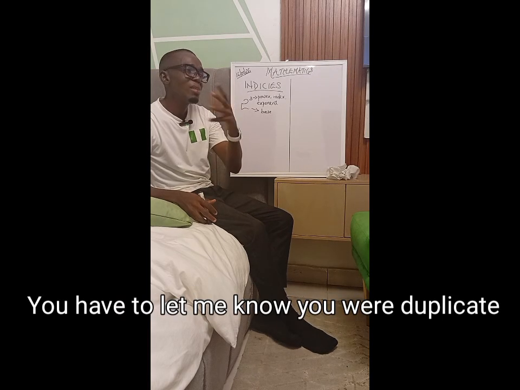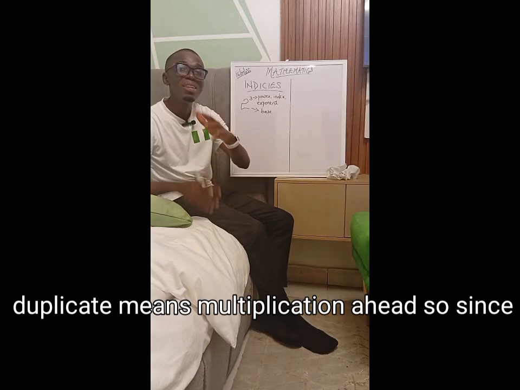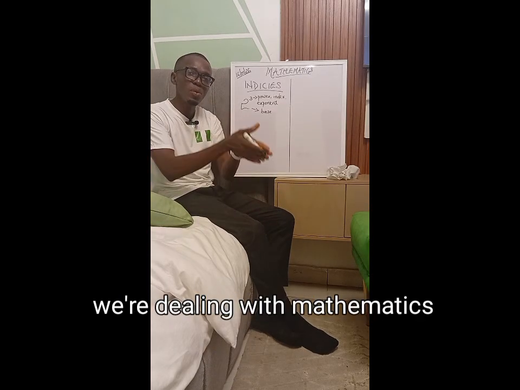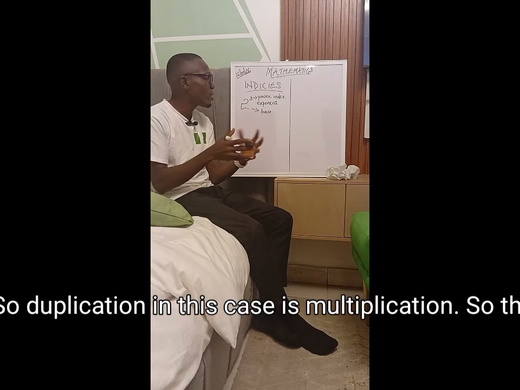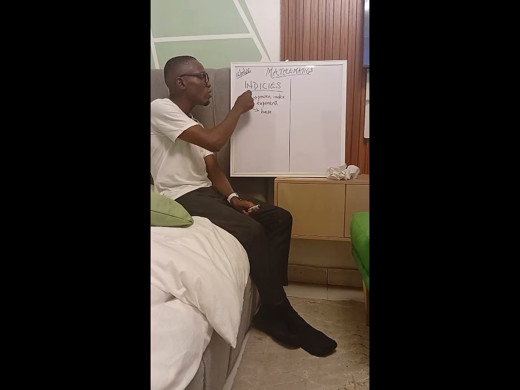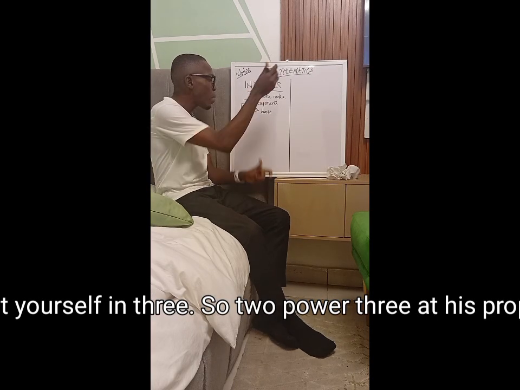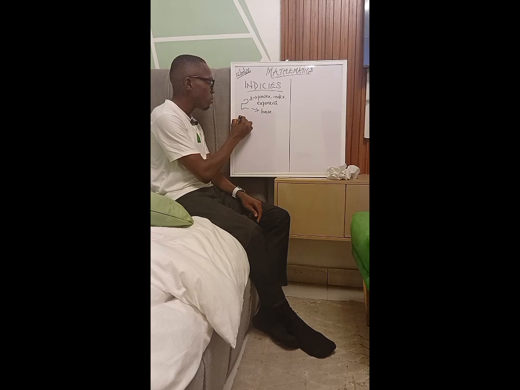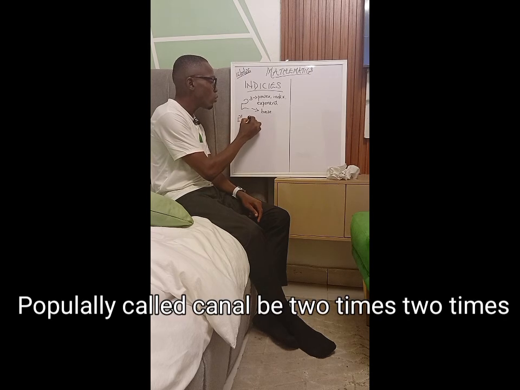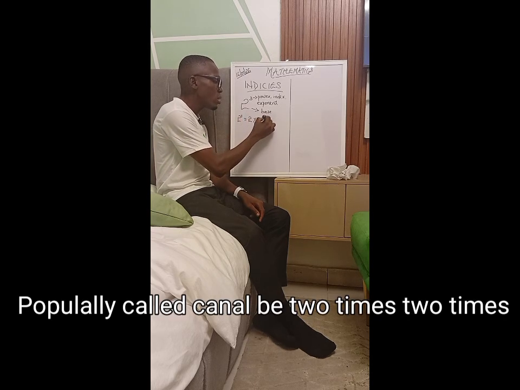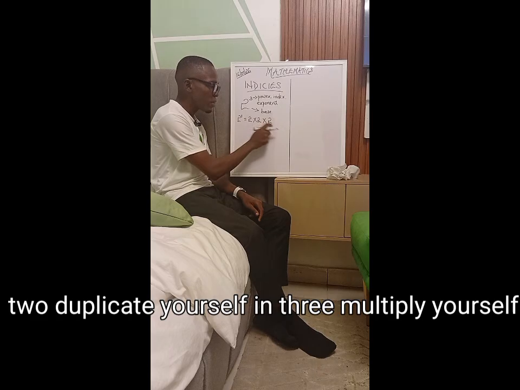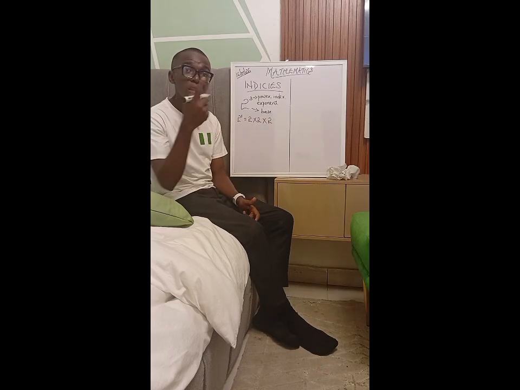Duplicate means multiplication, since we're dealing with mathematics. So the instruction being given is: duplicate yourself in 3. So 2 power 3, as is popularly called, can now be 2 times 2 times 2. Multiply yourself in 3 places.